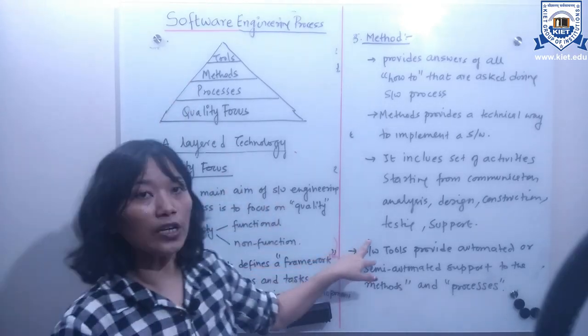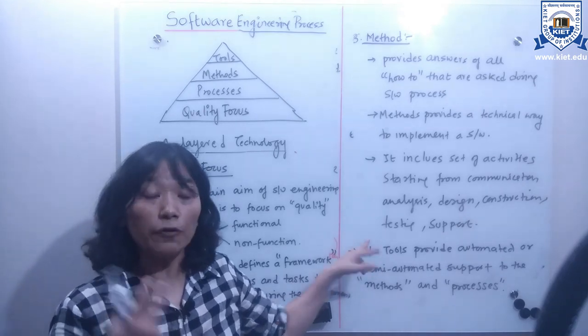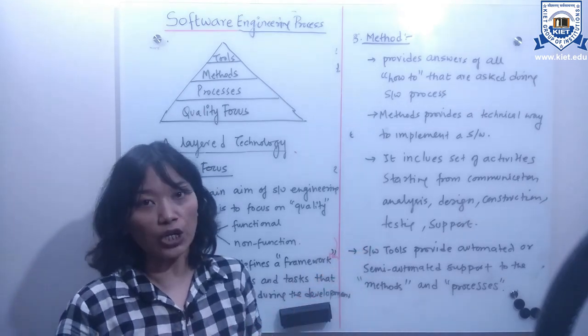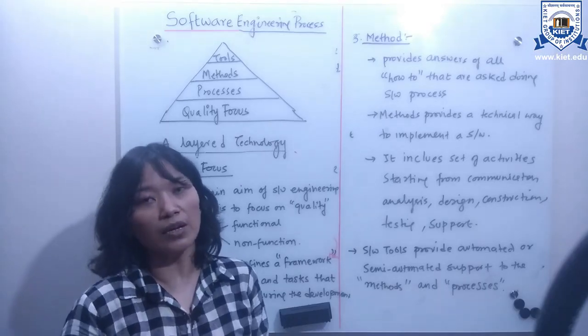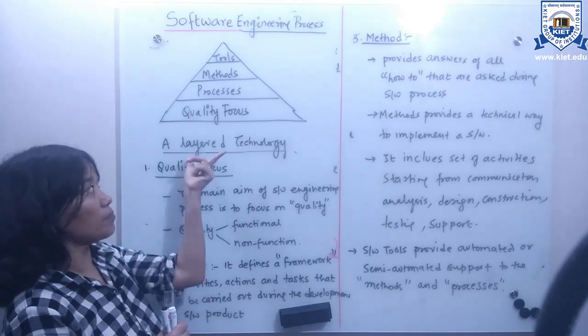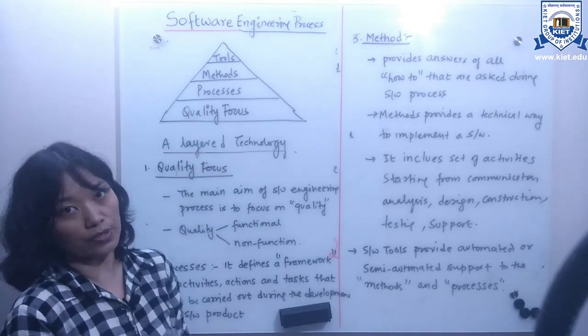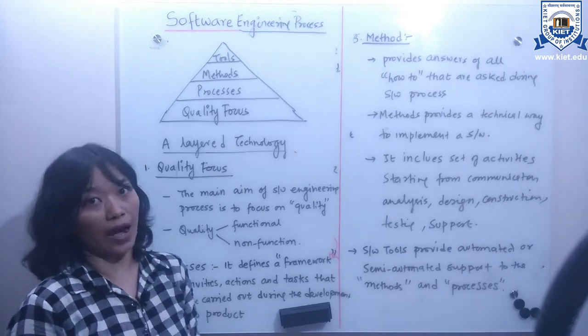And software engineering tools are integrated such that the information created by one tool can be used by another tool. So these are all the layers that come under the layered technology of software engineering processes. So I hope you understand it.